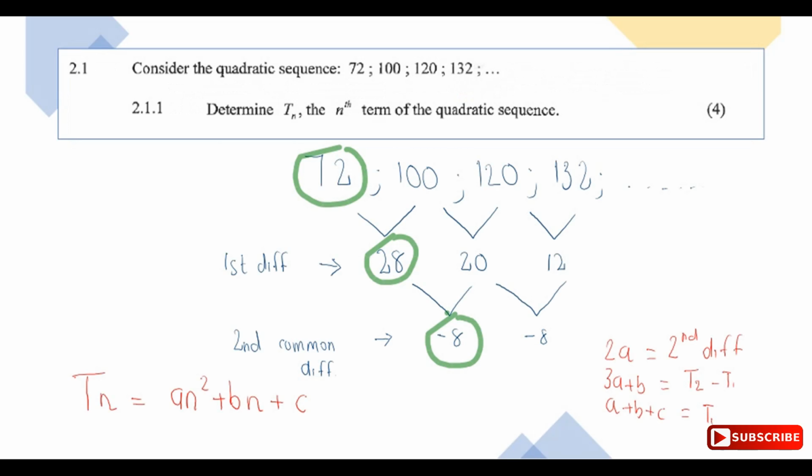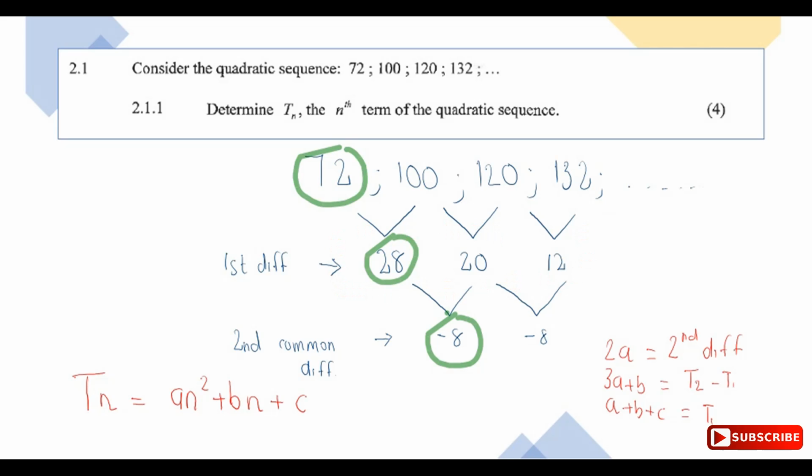So the sequence of the first difference is the 28, the 20, and the 12, because this is what we got when we calculated the first difference for our quadratic sequence.